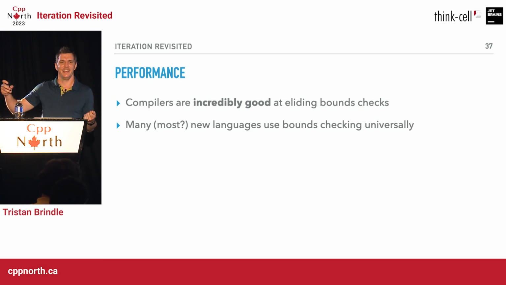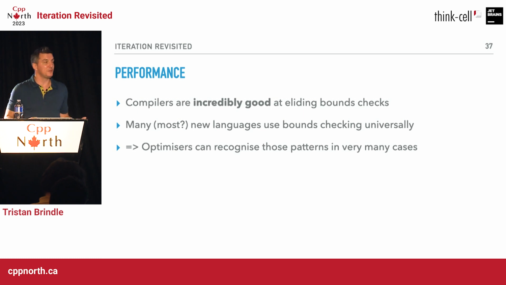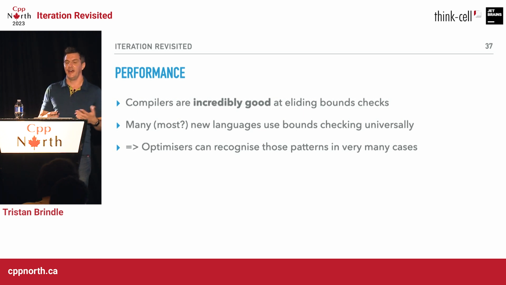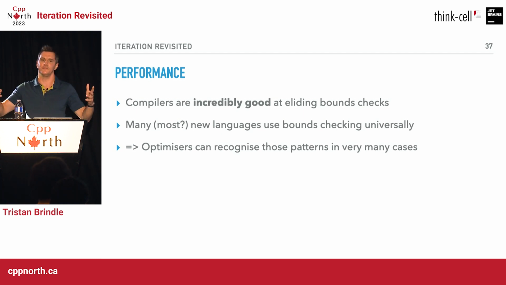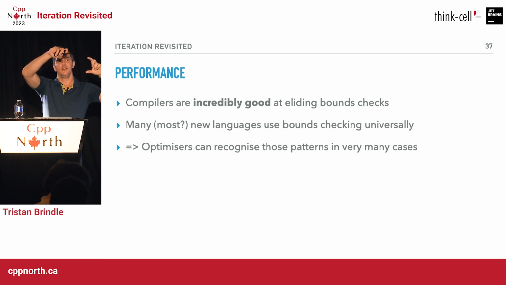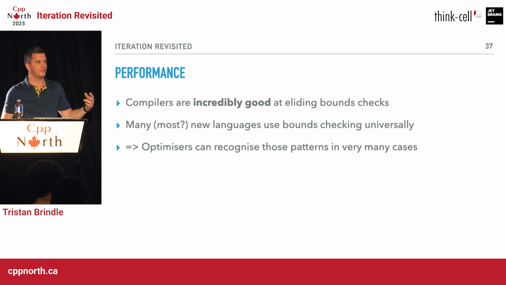And so compiler optimizers are really good at recognizing these patterns. And you can even think of it yourself. If we are calling our end check operation at every step of our iteration, and then the next thing we do is read, and the read is doing a bounds check, the compiler is going to go, well, hang on a second, you've literally just checked this, I don't need to check it again, and so I can remove the bounds check in that case.